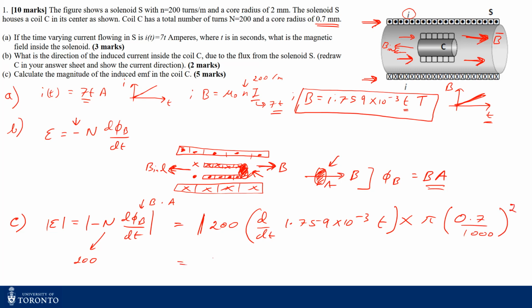So that's basically 200, and d by dt times this with the variable of t, which will give me just this value. So it's just 200 times 1.759 millitesla times pi times 0.7 by 1000 squared. That's the amount of induced voltage that I'm getting.